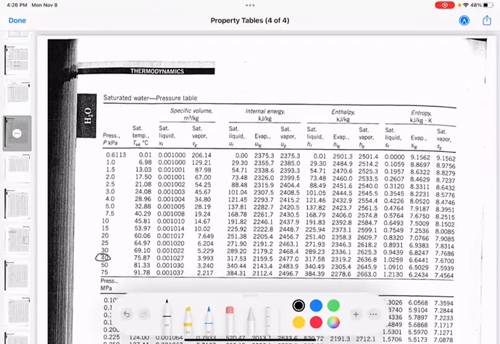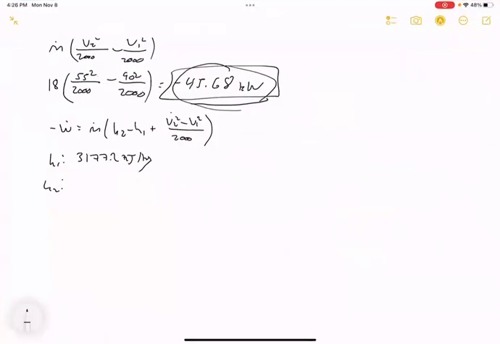We're looking at this row here, and in the enthalpy area we want to go 90% of the way between HF and HG. In other words, that's HF, which is 317.59, plus 0.9 of HFG, which is 2319.2. If we do that, we get a value of 2404.87.